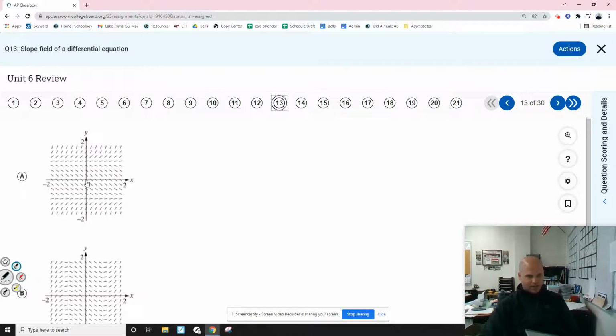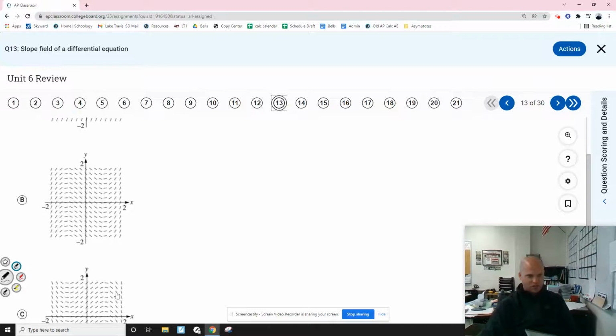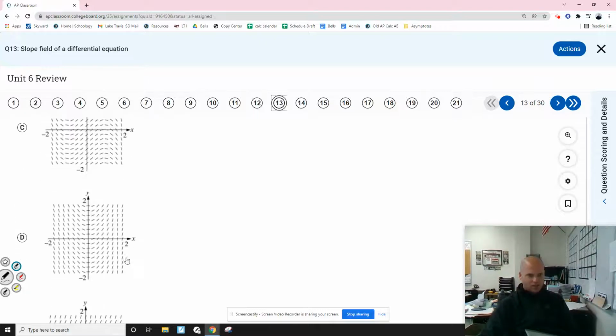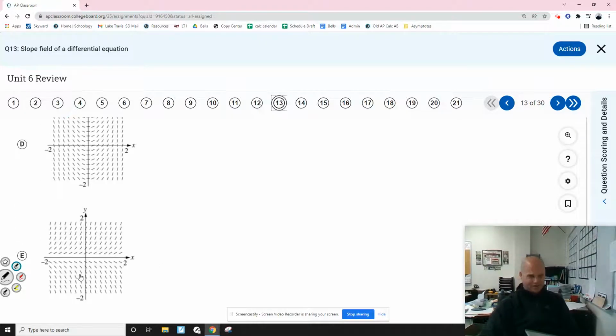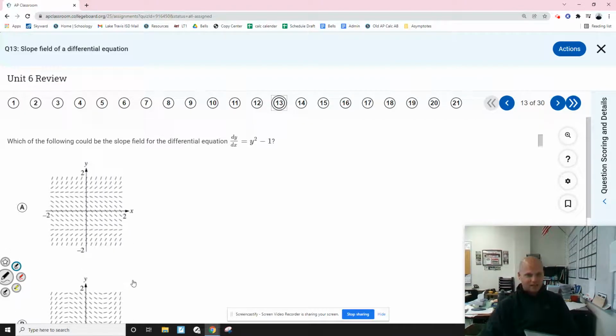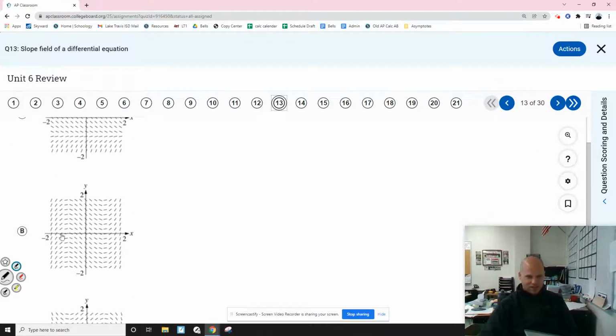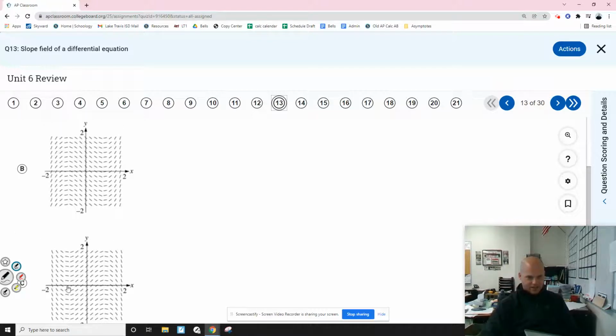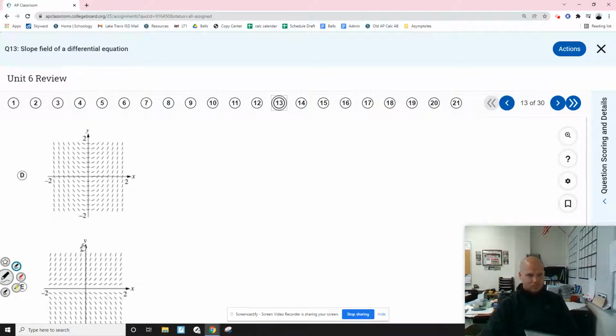So B's gone, C's gone, D's gone. It's possibly E, and it's possibly A. As your x's change, your slope shouldn't change. Oh, they don't. Okay, same here.